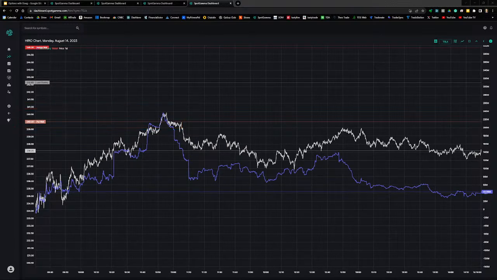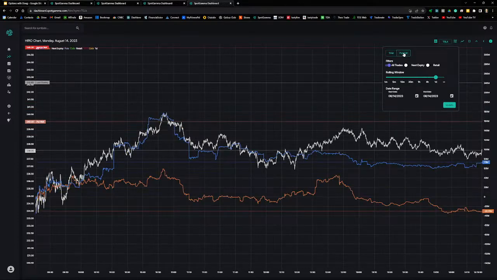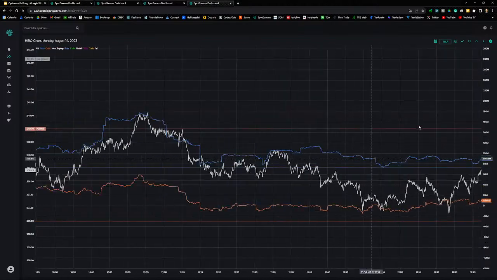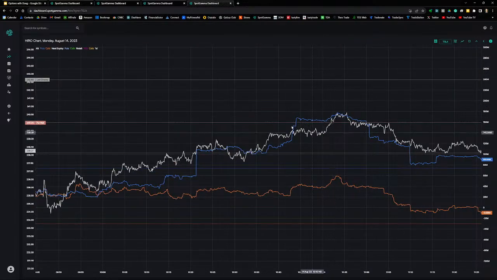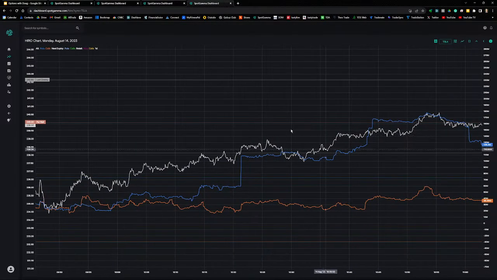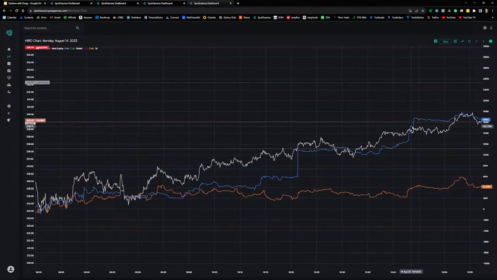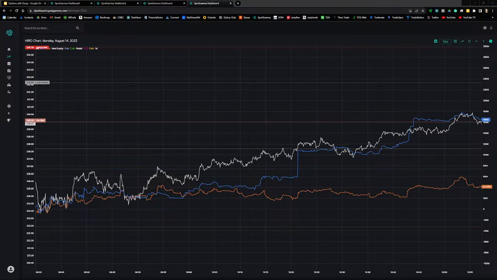Let's see what options traders were doing. Separate out puts and calls. All right, so initially they were, let's zoom in on this, just so I can get the notional value. Right up to this point, note the rising blue line indicates that traders were selling puts.